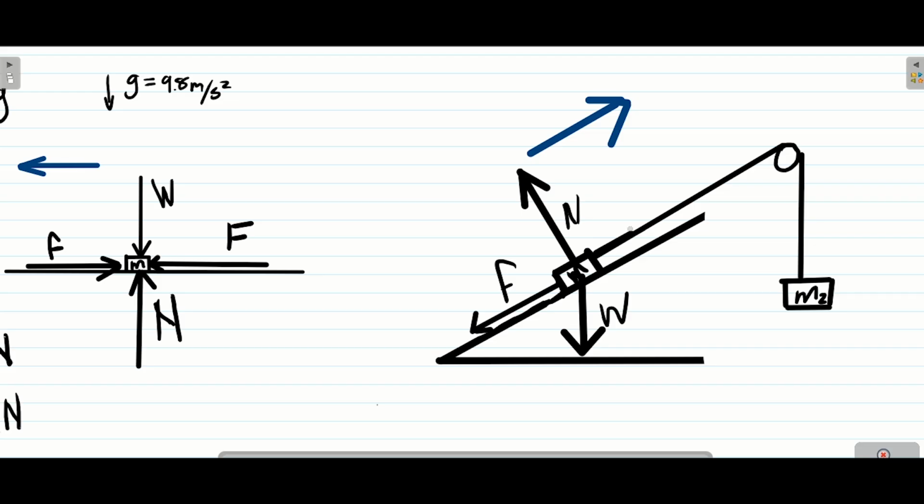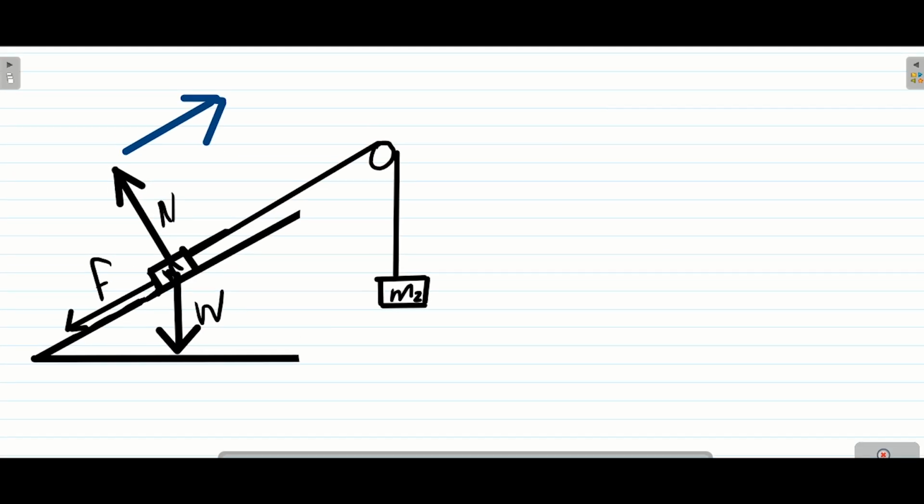So if we have this, they might ask you to draw a free body diagram of, let's say, mass 1, this mass here. So basically this is going to let us analyze what is happening on that mass.